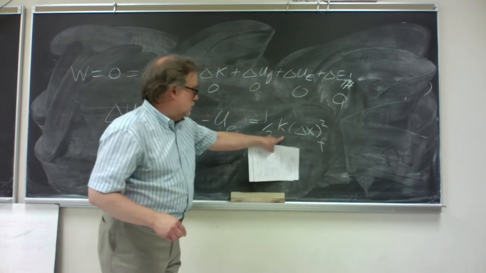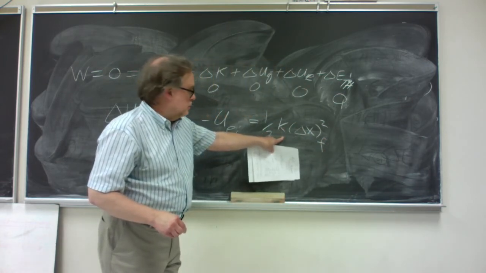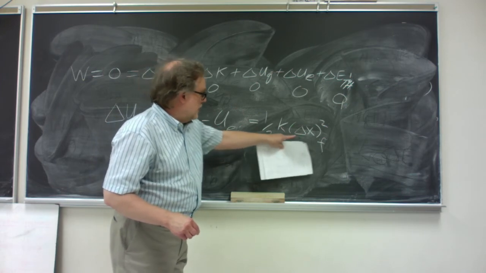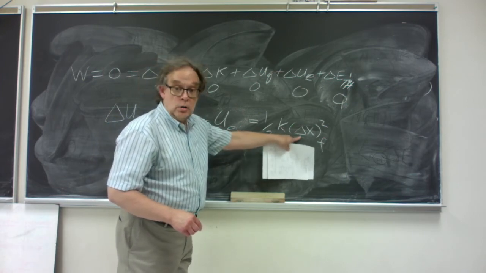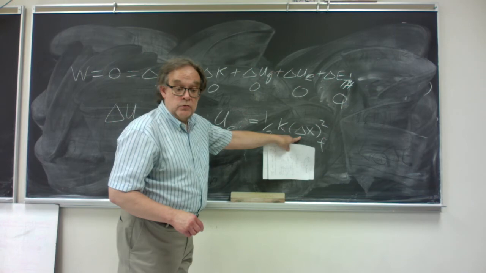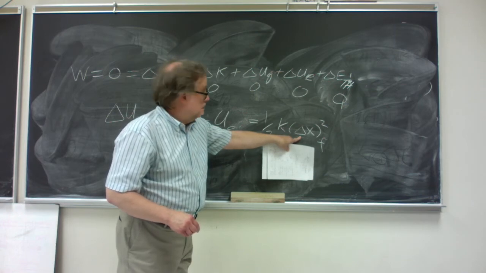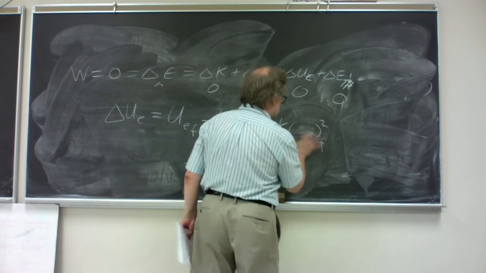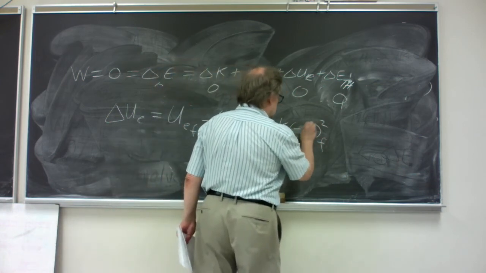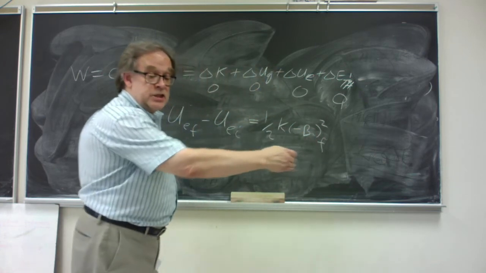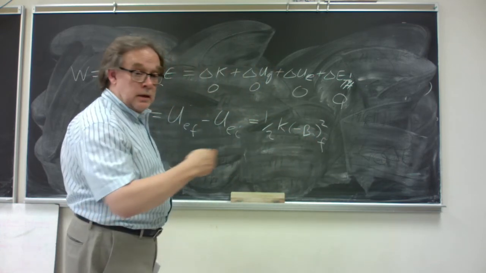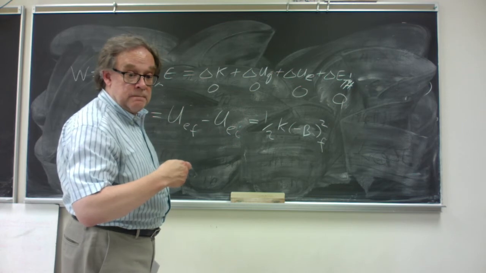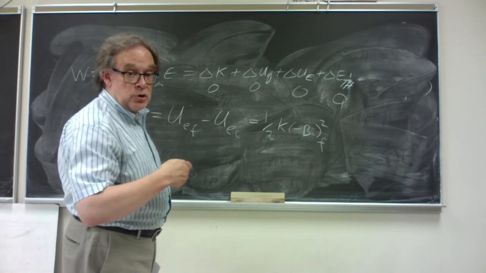This is the final elastic potential energy, so it would be 1/2 K times the final value of displacement, which means the final value of displacement is minus B. It's displaced in the negative direction, B meters away from the equilibrium point.